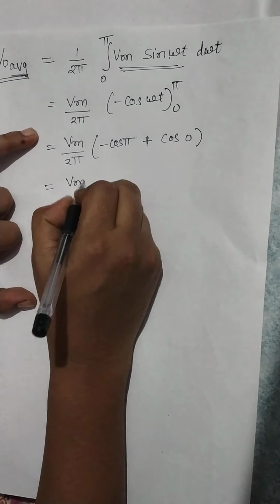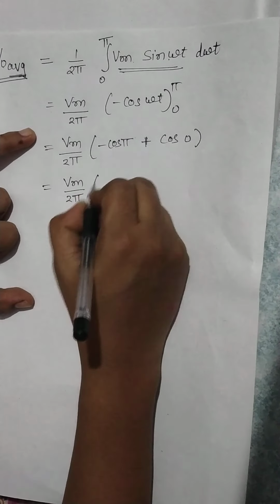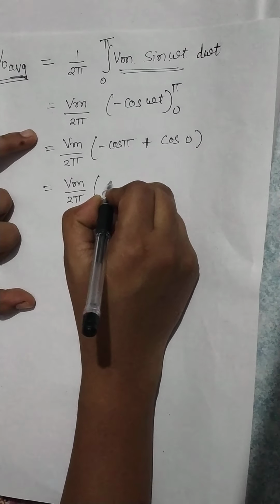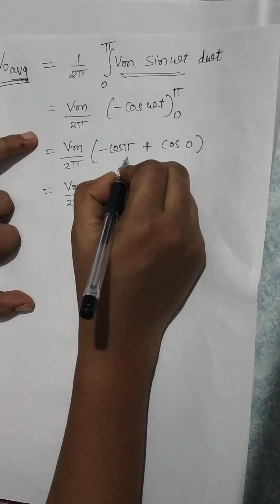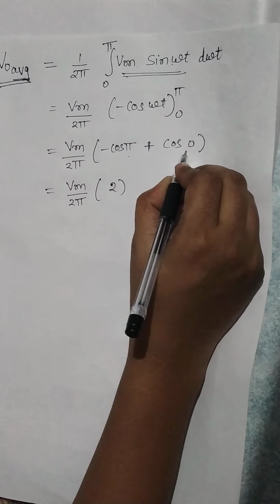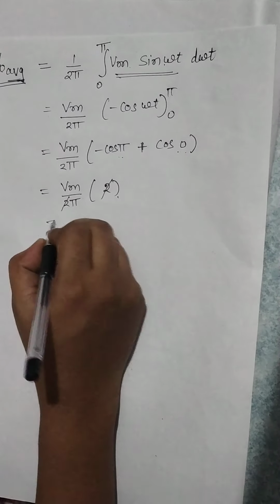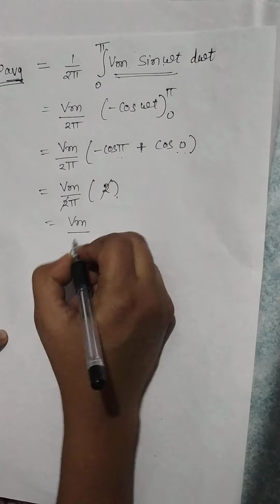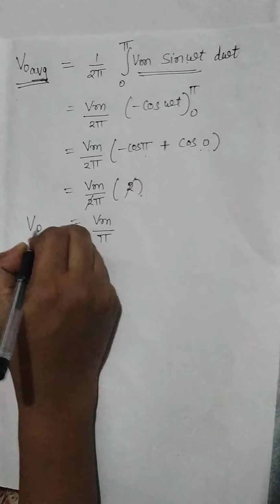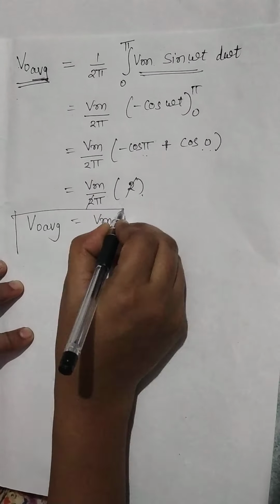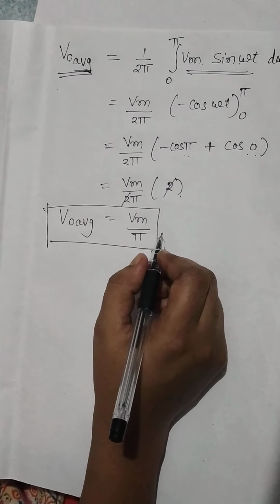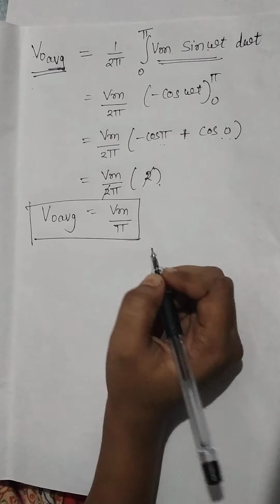Value is Vm upon 2 pi, and cos pi is minus 1, cos 0 is 1. So 1 plus 1 is 2, and the 2 cancels. So the answer is Vm upon pi. VO average, the answer of average value is Vm upon pi.